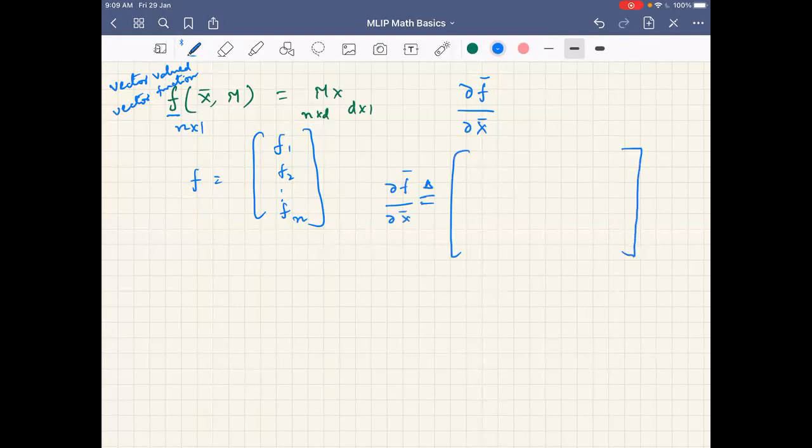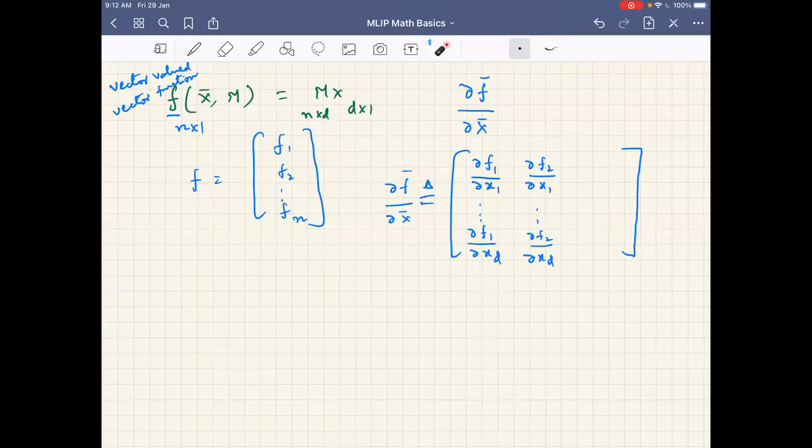Partial differentiation, yes. Partial differentiation of what and what? Of f with respect to x1, x2, xj and all. How much change does it affect in component f1? Like that we will be measuring the changes due to each of the components of x in each of the components of f. That is the differentiation component.